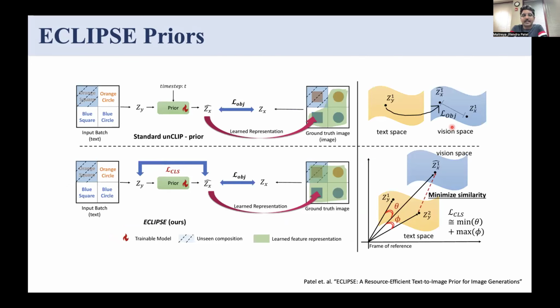If we take a high level overview of how standard unCLIP priors are calculated, we can see that it's the same modeling strategy. Priors are defined as is, whether they are diffusion priors or projection based priors. We are just feeding a one-on-one mapping, like orange circle text to orange circle image, and blue circle text to blue circle image. Because of that, some OOD scenarios are not efficiently learned by this model.